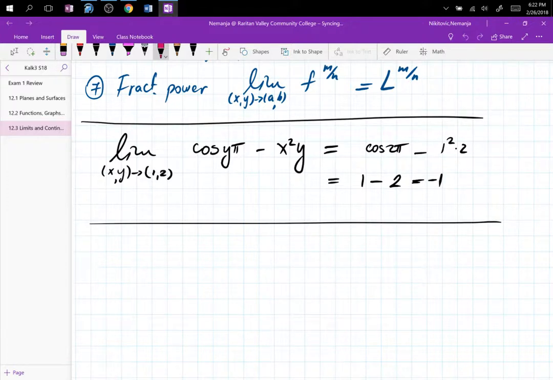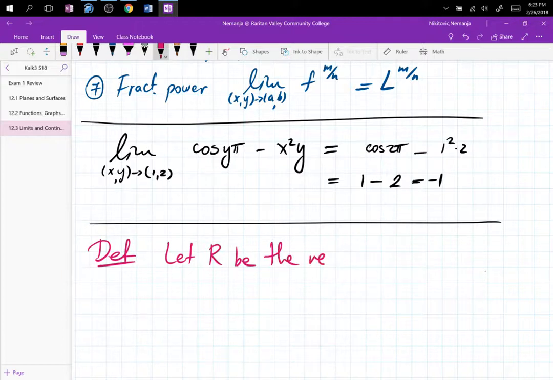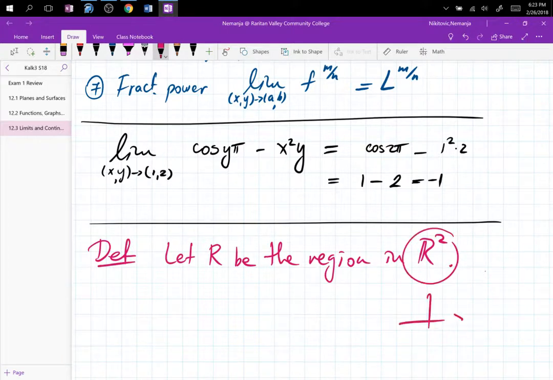So first, interior and boundary points. We have the definition. Let R be a region in R2. R2, you write it as R squared, and it just means two-dimensional space. So this is your x and y coordinate system, the whole space that the coordinate system produces. R3 is clearly 3D.